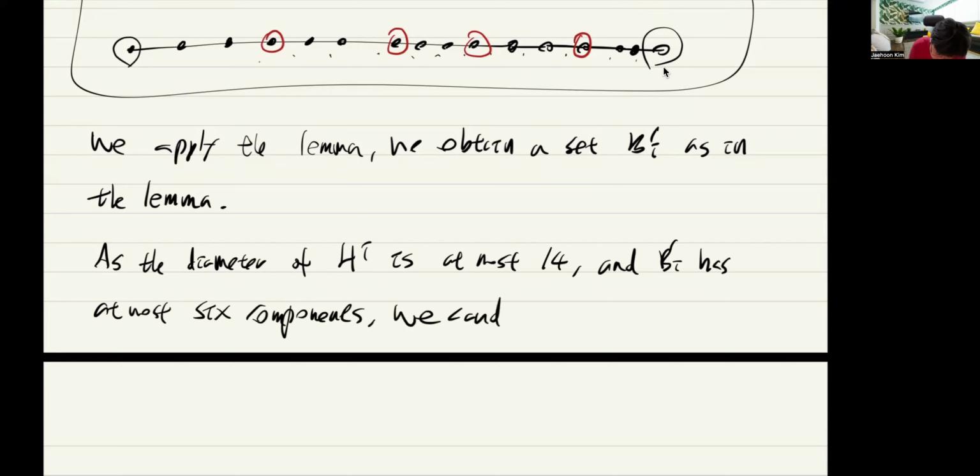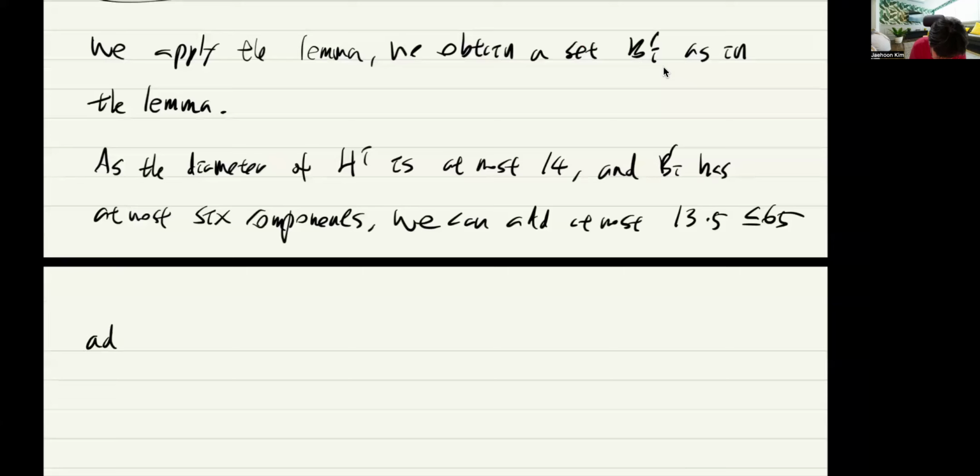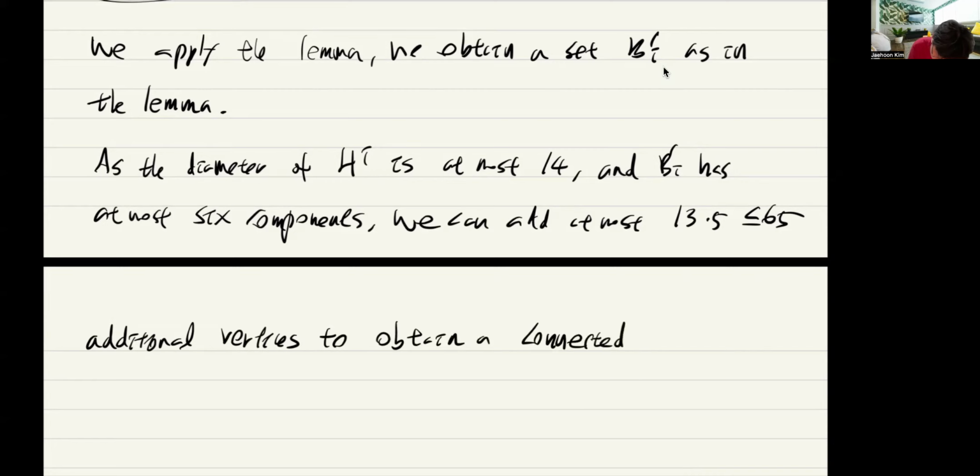We can add at most 13 times 5, like 65 additional vertices, to obtain a connected subset B_i.